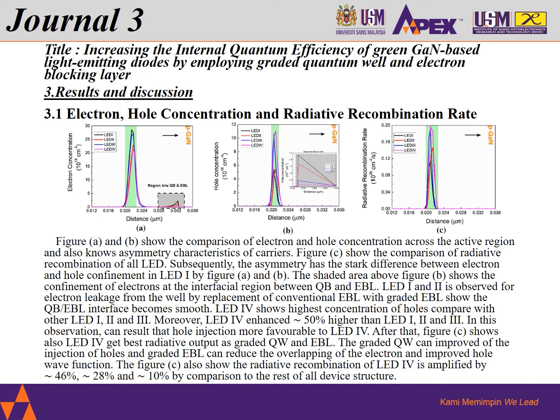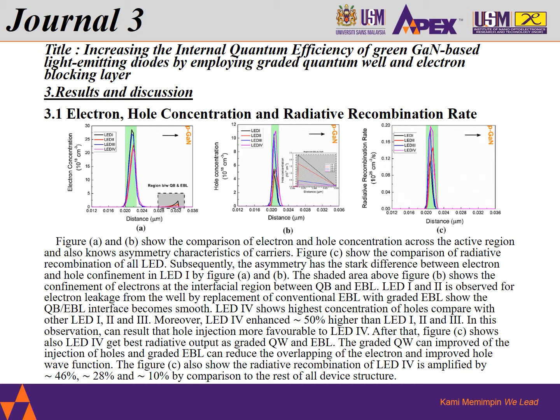Subsequently, the asymmetry has a stark difference between the electron and hole confinement in LED 1 in figures A and B. The shaded area above figure B shows the confinement of electrons at the interfacial region between the quantum well and the electron blocking layer. LED 1 and 2 are observed to have electron leaking from the well. By replacing the conventional EBL with a graded EBL, the quantum barrier and electron blocking layer interface becomes smooth.